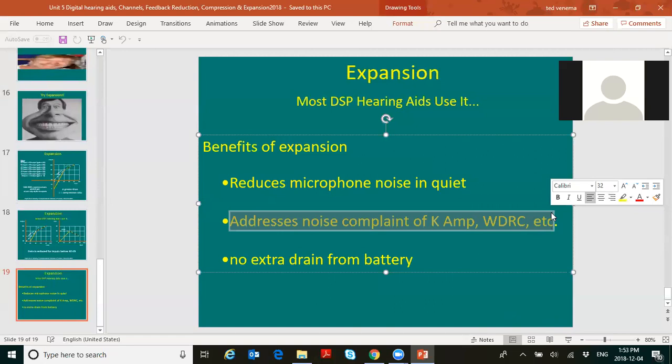And you can hear the internal mic noise of the hearing aid being amplified because the WDRC, that's where its heart and its soul is, amplifying soft sounds, trying to imitate the outer hair cells. Expansion is used for people who have good low frequency hearing because they are the ones who can hear that internal microphone amplified noise when WDRC is working its hardest in dead quiet.